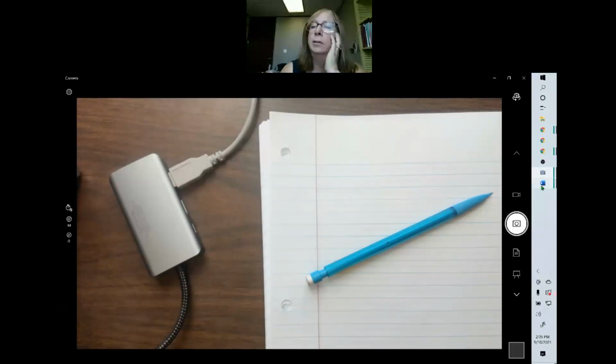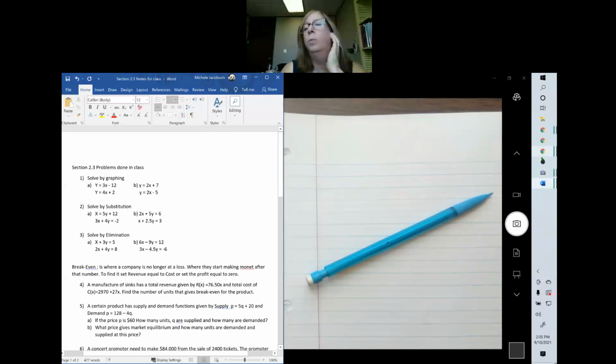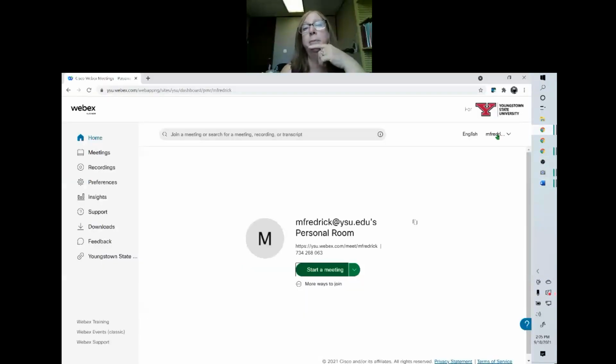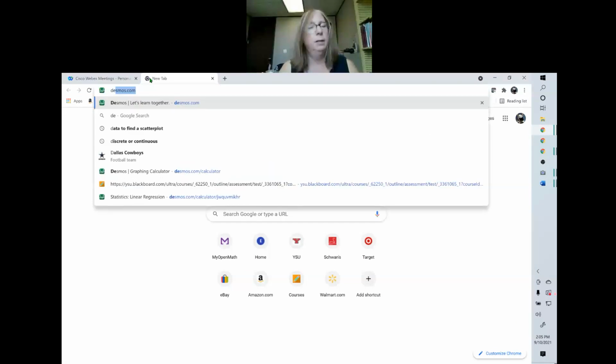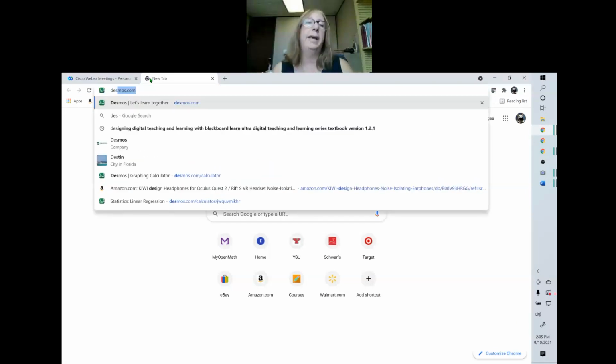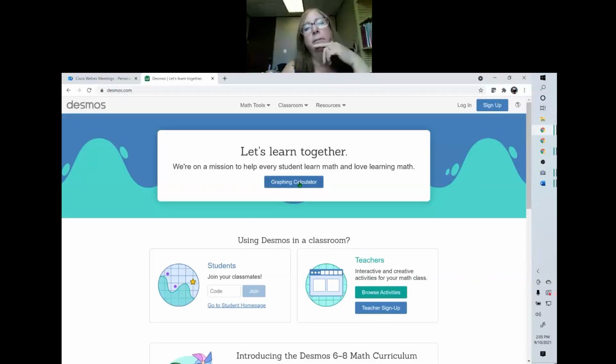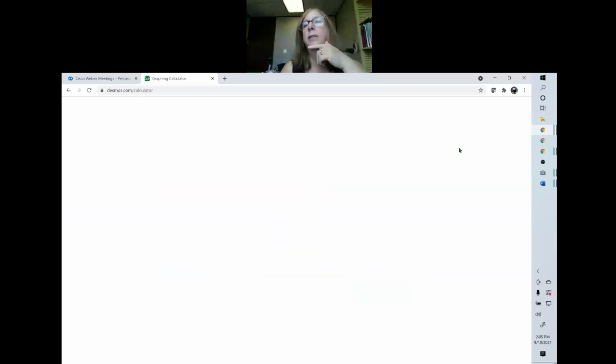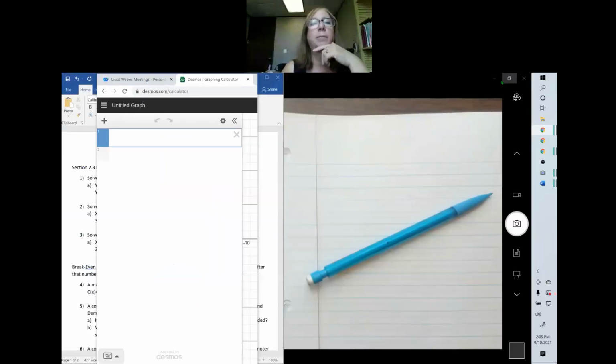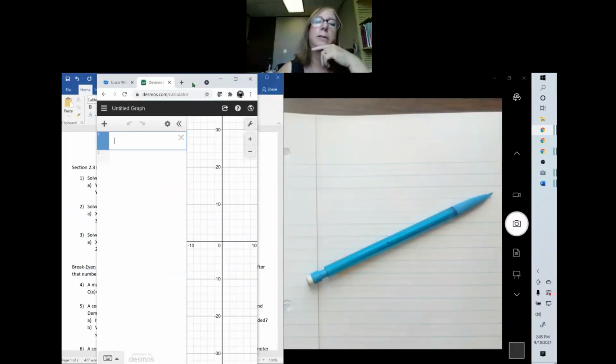So I'm going to bring that back up. So what we want to do in order to graph it, we can use Desmos. It's the same one we used for the scatter plot, desmos.com, and graphing calculator. Then I'm going to shrink this so that we can see the problem.